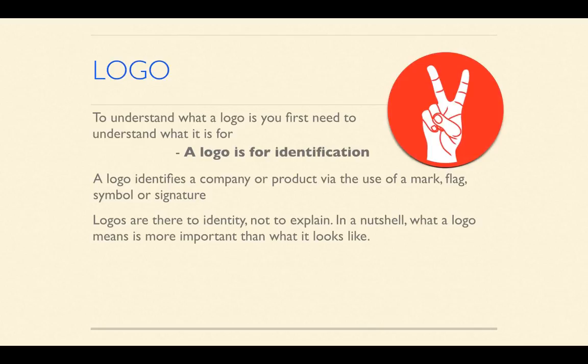And I meant to say identify. That's the other reason, by the way. Here, this is a good thing. I kind of like when I make mistakes so I can point it out and show you how spell check would not have worked in this case, right? Because identity is a word, but it's not the right word here. Logos are there to identify, not to explain. So in a nutshell, what a logo means is more important than what it looks like.